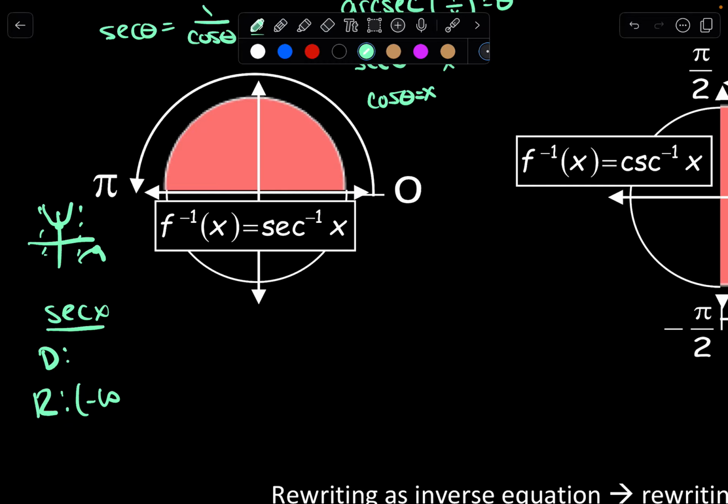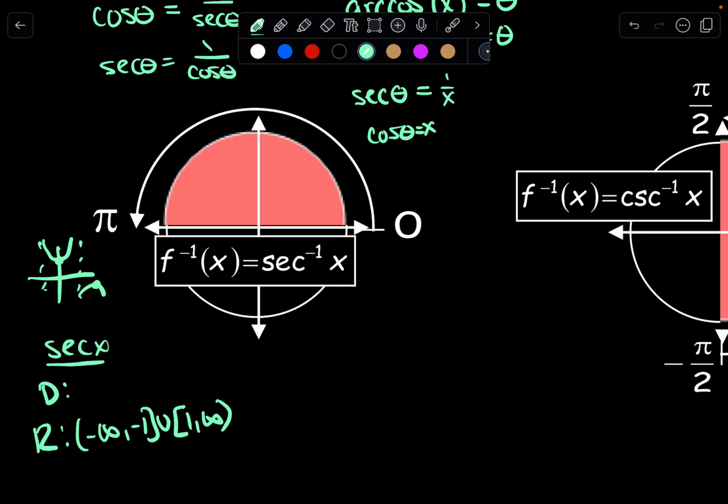So the range for secant is -infinity to -1, union 1 to infinity. And if we take a look at the diagram above, we have a restriction, okay? It is from 0 to pi. This is a diagram for arc secant, or the inverse of secant, and with that range, we can see that the domain of secant is restricted from 0 to pi, inclusive.